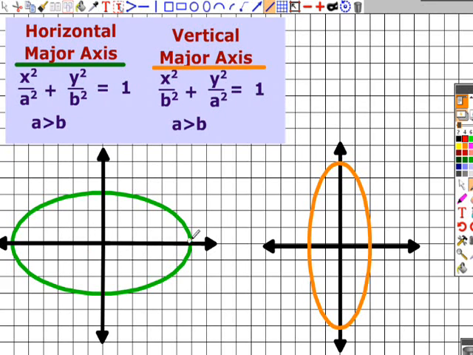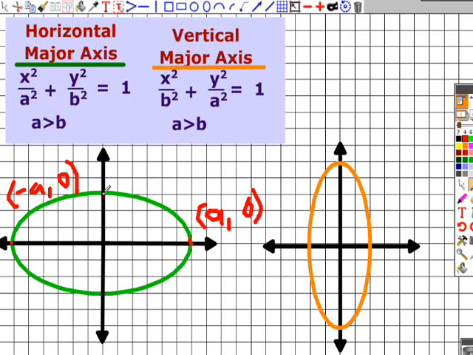So my first vertex would be here, right? And it would be the point (a, 0). Okay? And if you can guess, this one would just be what? It would be (negative a, 0). And then same thing here, we have b squared with y squared, so this is the minor axis.